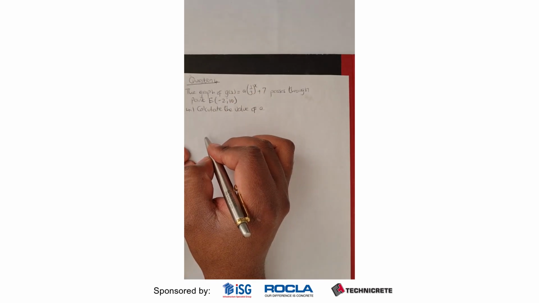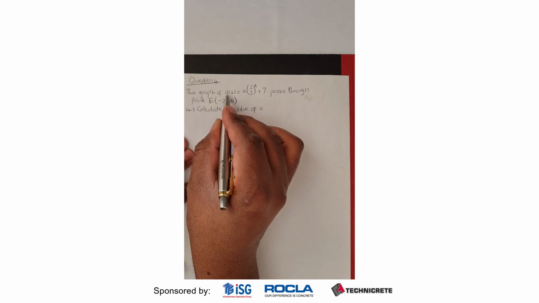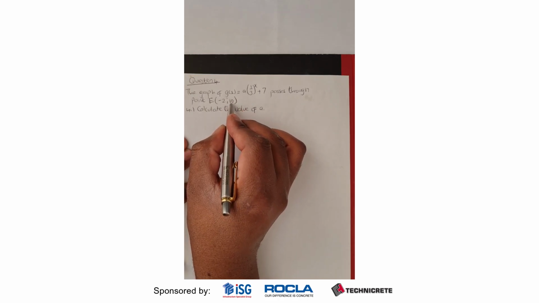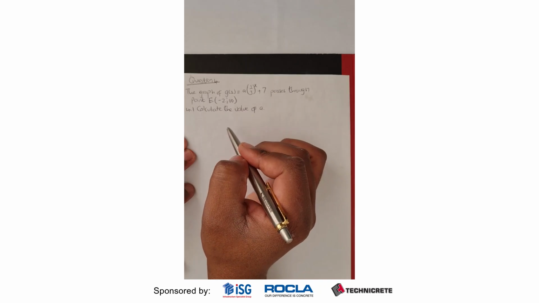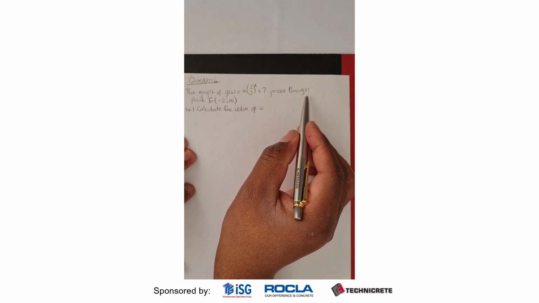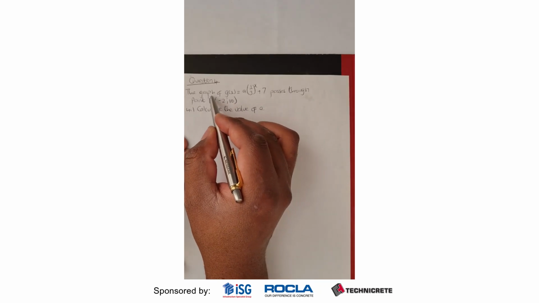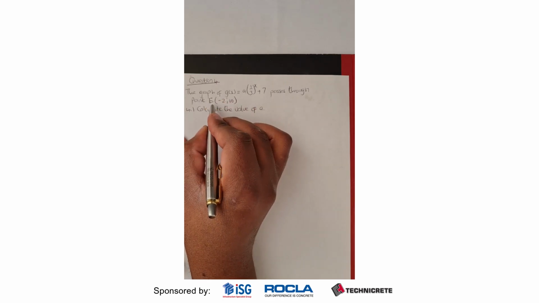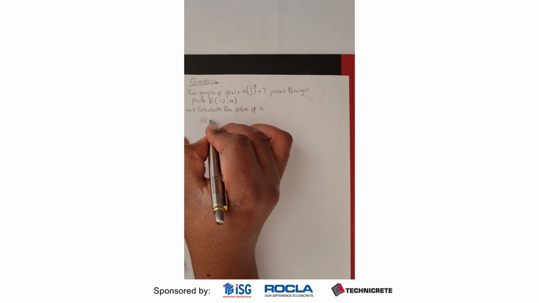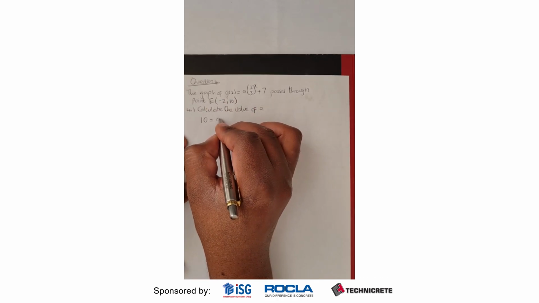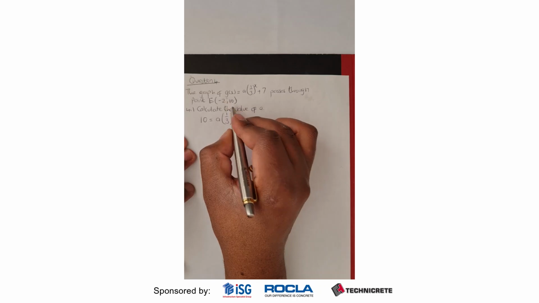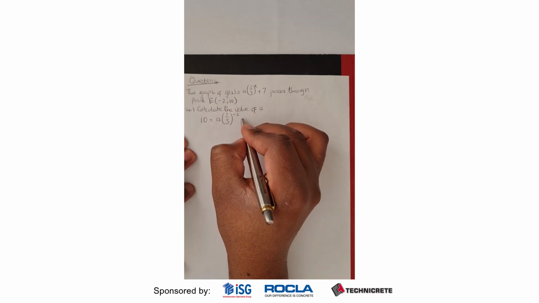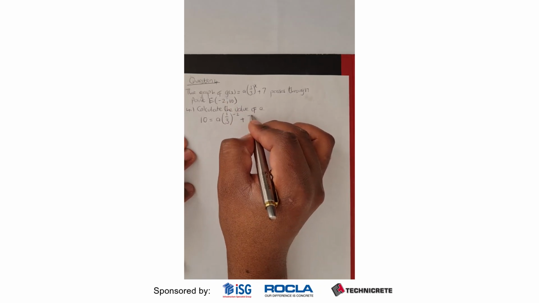Using the same g of x formula, we substitute in our y as we are given for point E. And the reason we can do this is because it passes through the point E. 10, which is our y value, equal to a into 1 over 3, and then our x of point E is minus 2 plus 7.